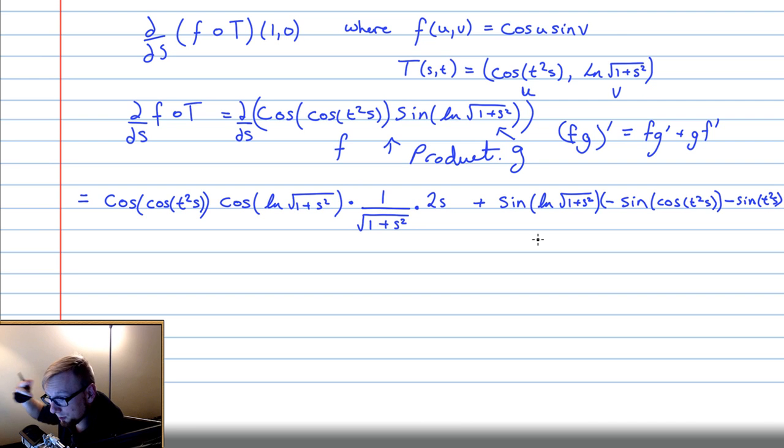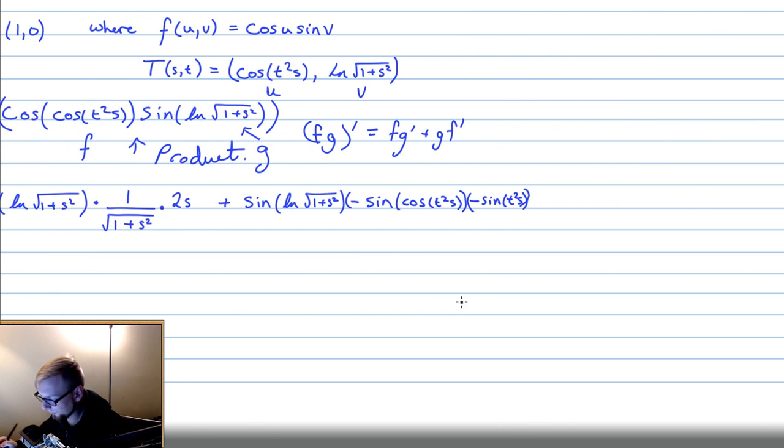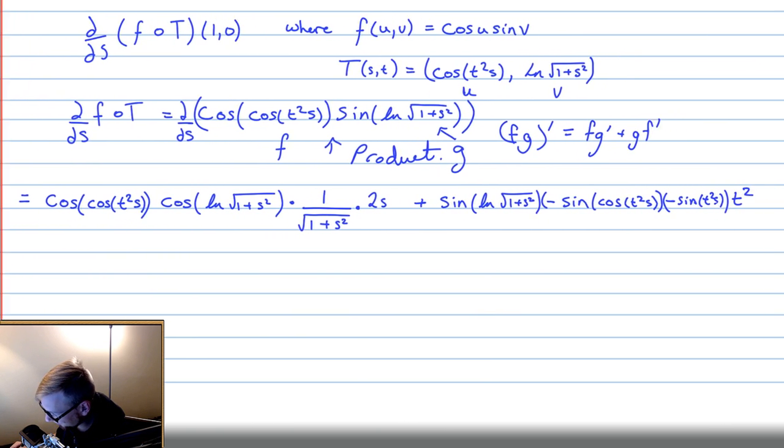And we got to multiply by the derivative of the inside of that. Derivative of s is just 1 because t is constant in this. Then we have to multiply that by t squared. Okay. Well, let's do a little bit of simplifying. These minus signs will cancel out. Boom, done. And that's pretty much all we can do.